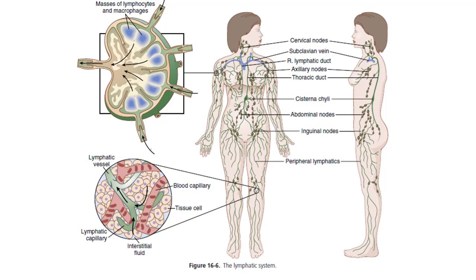As you can see in this figure, the lymphatic system has some channels and nodes. You can see the lymphatic nodes distribution in our body, and also you can see lymphatic channels. Lymphatic channels have some characteristics. One of them is that they are dead end.